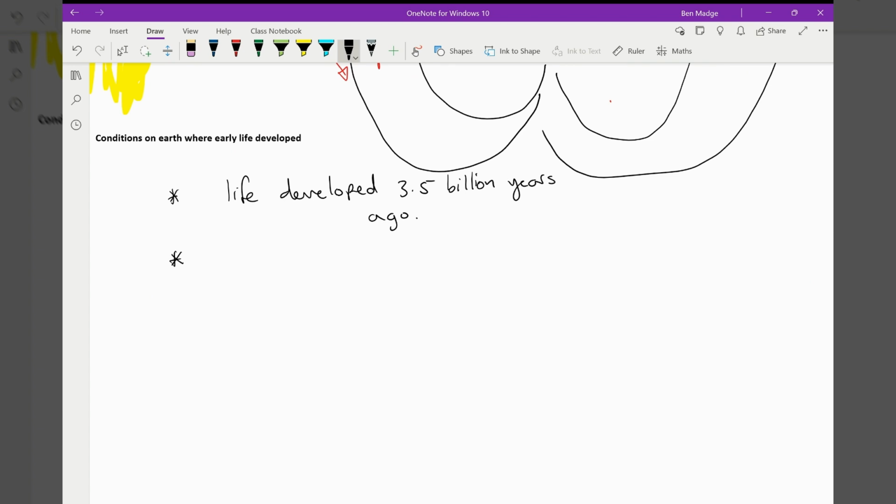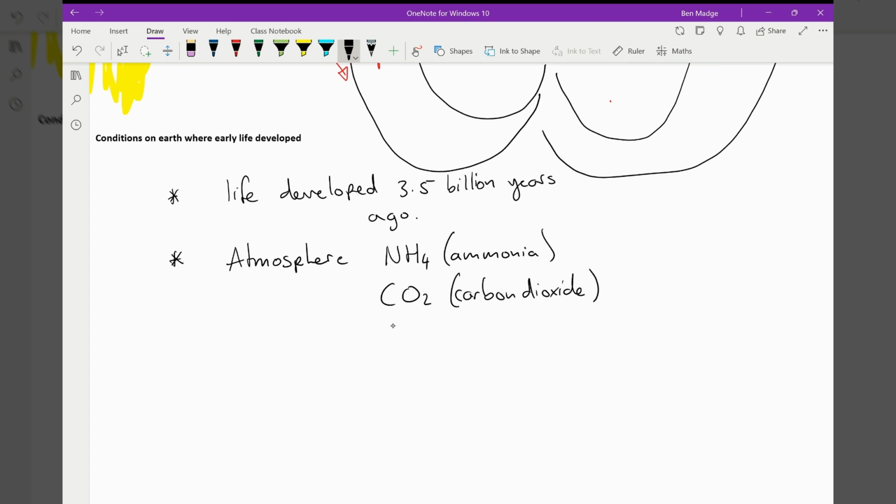But we think that the atmosphere was very high in gases that we would consider toxic now, so things like NH4 or ammonia, carbon dioxide, and things like methane.